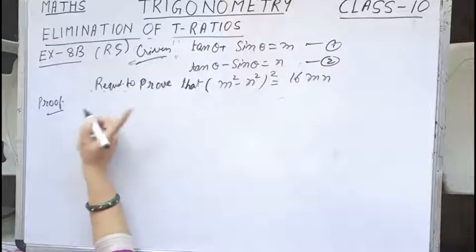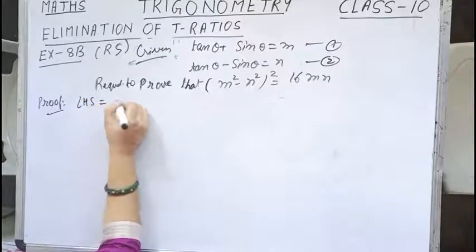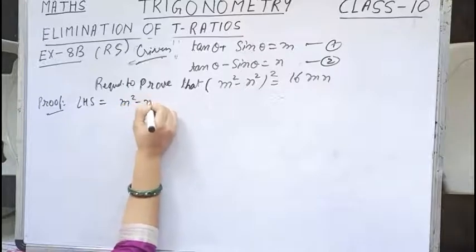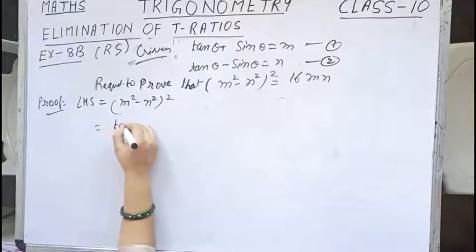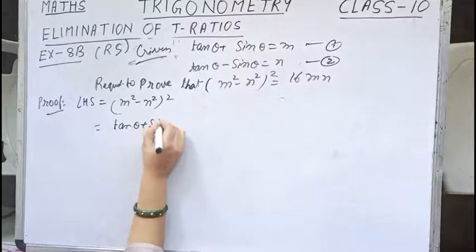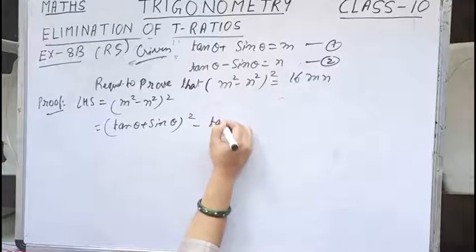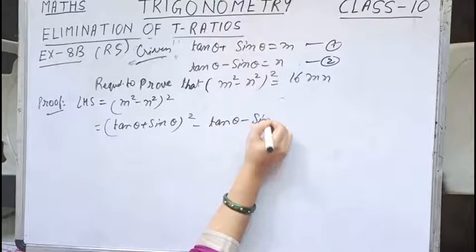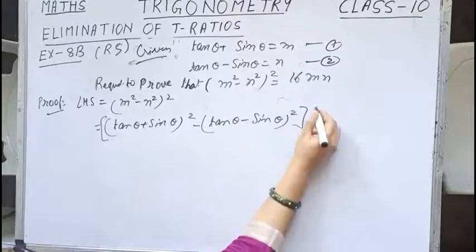Now proof. I want m square minus n square whole square. So I am starting with LHS equals m square minus n square whole square. Now m square is tan theta plus sin theta whole square, and n square is tan theta minus sin theta whole square, and this is again a whole square.